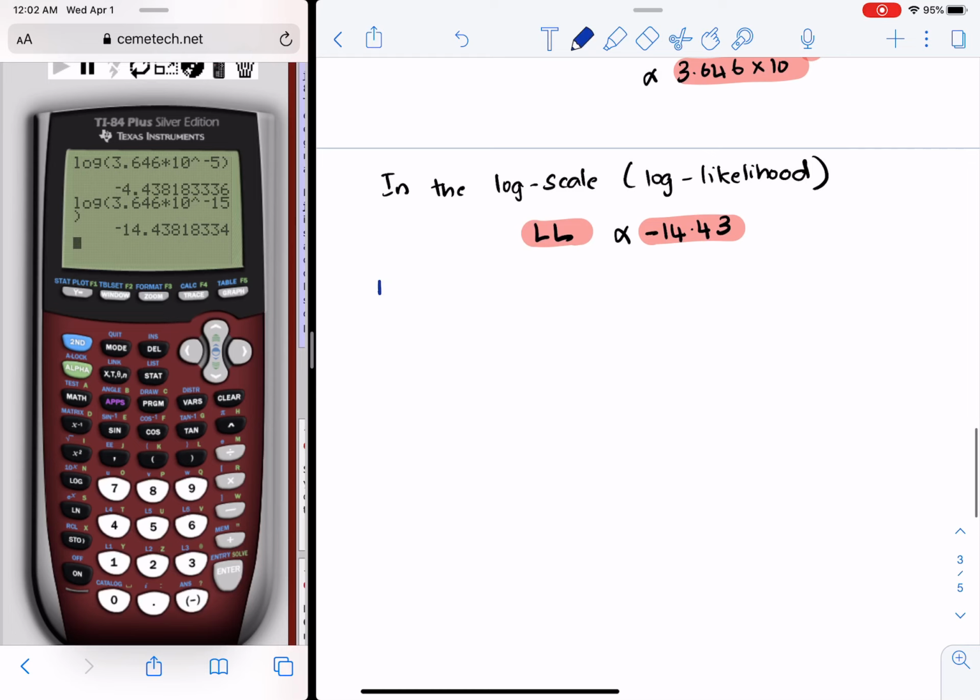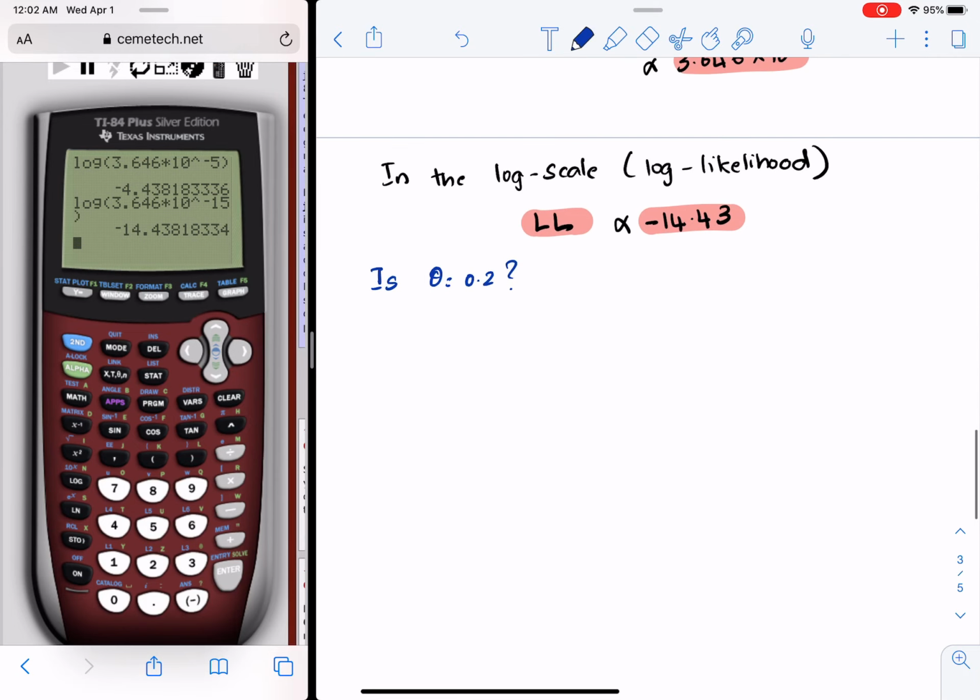Now the next question is, is theta equal to 0.2? We are going to do the same process. What are the chances of observing the sample that we have given theta is 0.2?